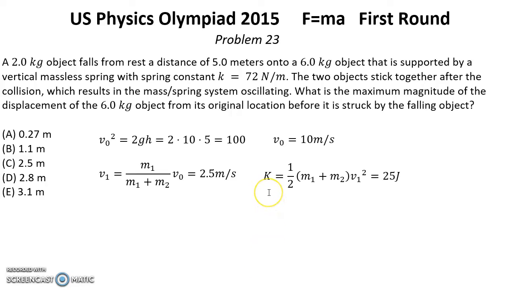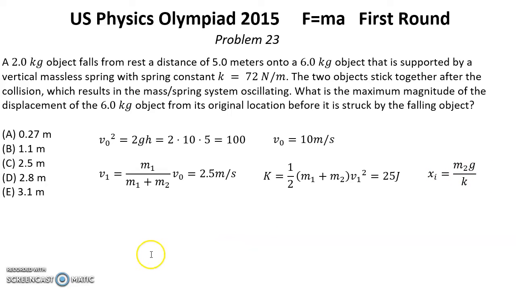So their kinetic energy equals 1/2 (m1 plus m2) multiplied by v1 squared, which is 25 joules. Last step, we use energy conservation again. For that we have to find the initial compression of the spring, which will give us the initial potential energy of the spring. x initial equals m2 g over k.